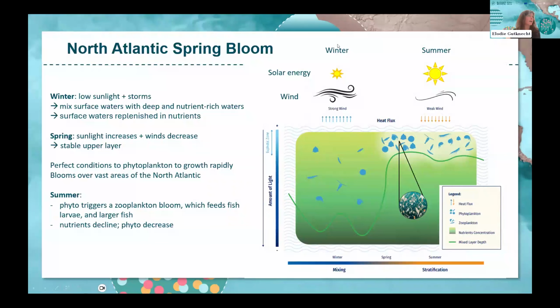Here you can see, during winter, low solar energy and strong wind. This creates a strong vertical mixing that can reach several hundred and even thousands of meters depth. And this mixes in the deep waters that are enriched in nutrients, and this replenishes the surface waters in nutrients.